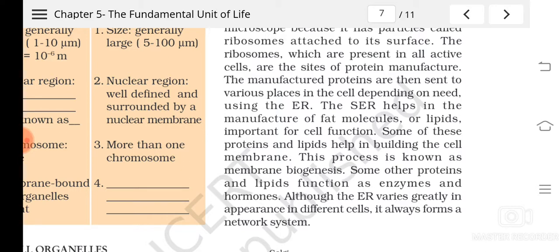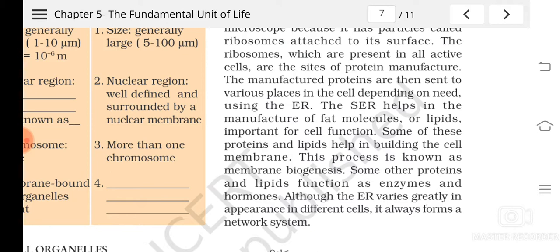So ER is of two types. What are they? SER and RER. SER helps in the manufacture of fat molecules, lipids, etc. RER is associated with ribosomes, and is the site of protein synthesis. The protein formed here is distributed to different parts of the cell by the endoplasmic reticulum.